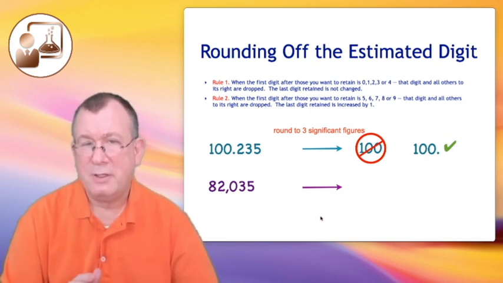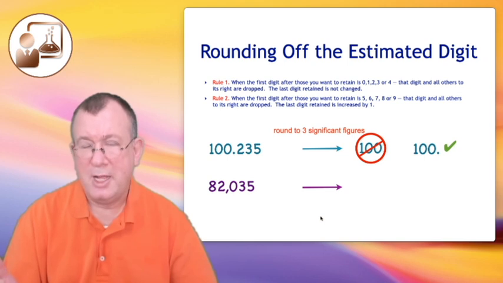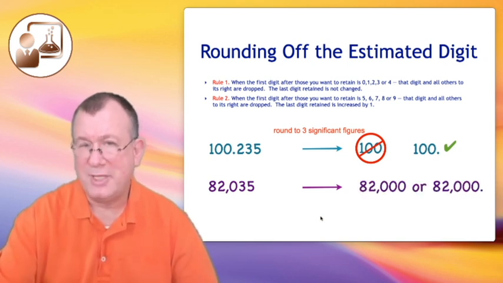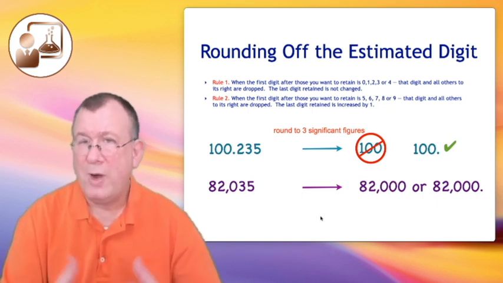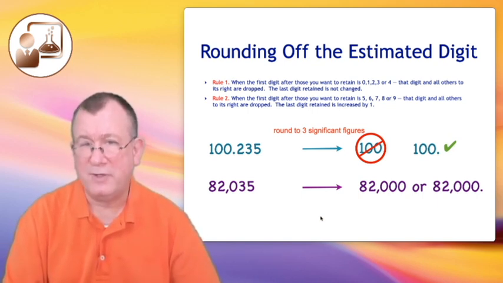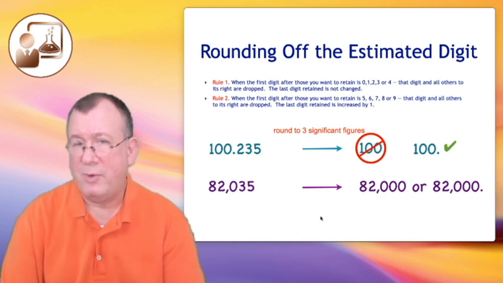Now, if you've got 82.035, again, 820 are significant, the 35 are beyond significance, I'm going to throw them away. I would write 8.20 times 10 to the 4th. I can't just write 82,000 or even 82,000 point, because the first one is representing 2 sig figs, and the second one is representing 5 sig figs, because zeros on the end are significant if I put it.